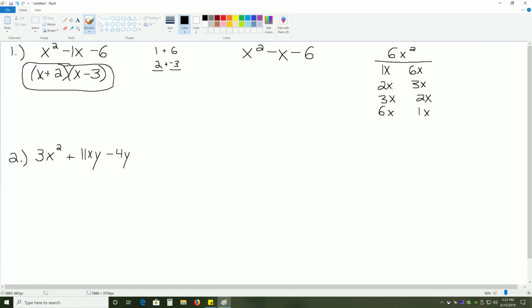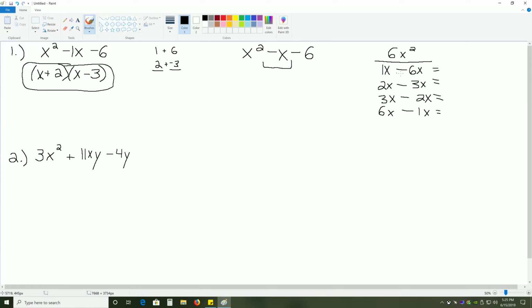Once we have this, we will look at this symbol that's attached to our last term. Since it's a negative, that tells us that we are going to be subtracting every one of these combinations. And when we subtract them, we want to find which of these four combinations gives us a result that is our middle term, this negative x.